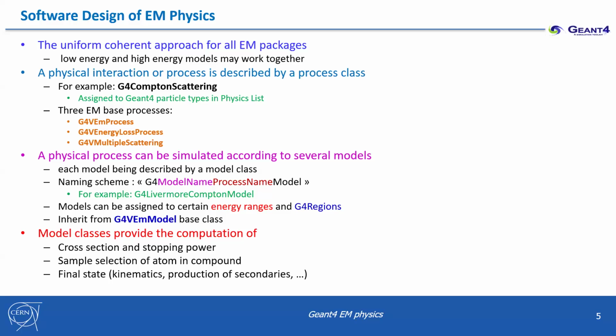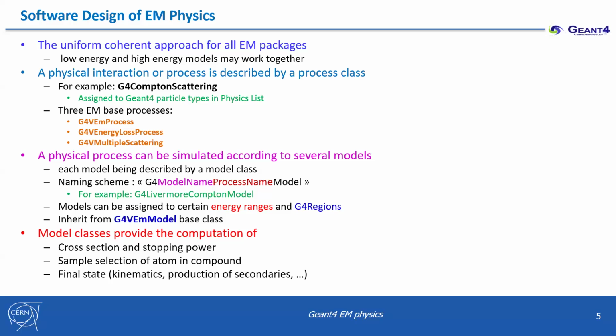Physics interaction of process are in process class. We usually have a name which corresponds to what it is doing. For example, Compton scattering. It is process to simulate Compton scattering of gammas at atomic shells.